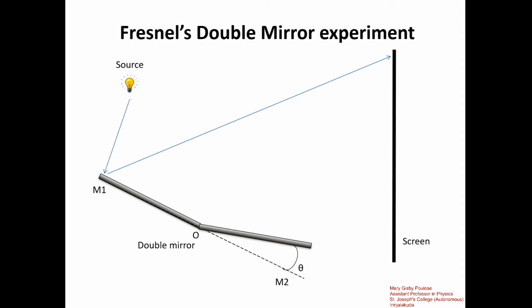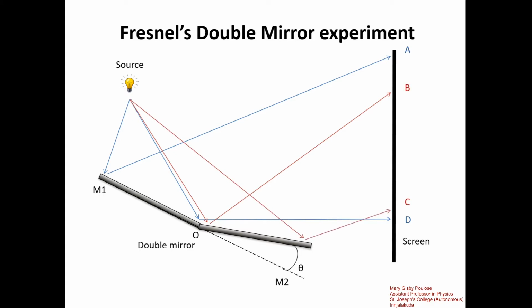And what happens here is the beam reflected from the first mirror remains as such. It is shown by the blue lines. But rays reflected from the second mirror, represented by the red lines, are shifted relative to the reflection from the first mirror.